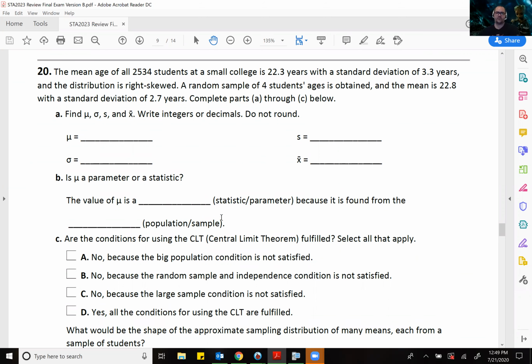So this one right here, number 20, this one in chapter 9. We're checking CLT, so I believe this is going to be in section 9.3. Nope, we are in section 9.2, almost section 9.3. So 9.2 on this.